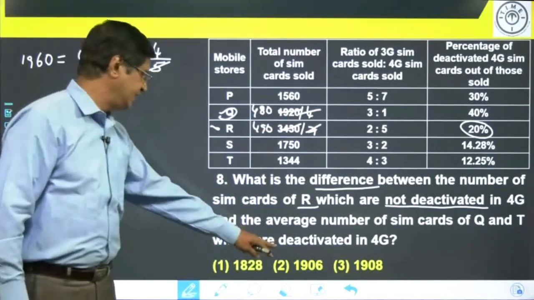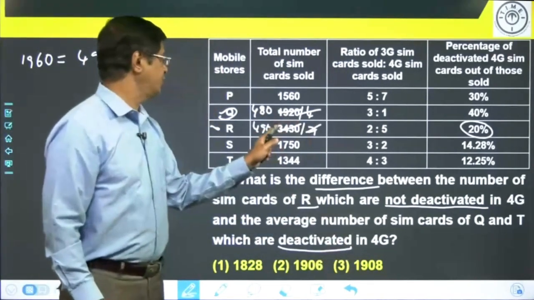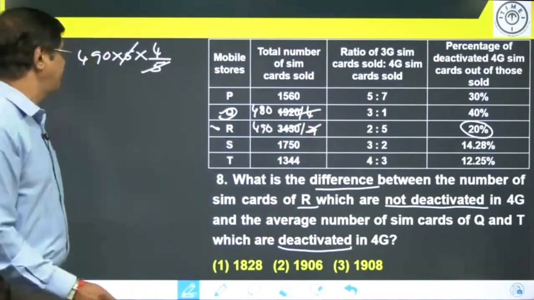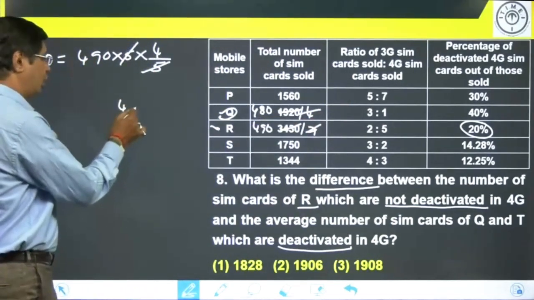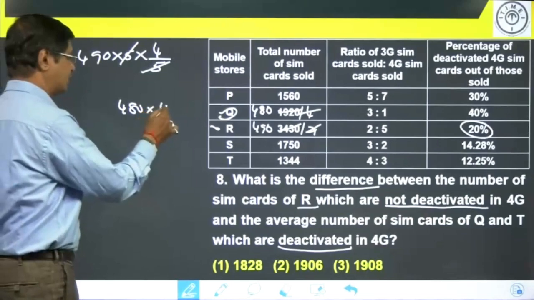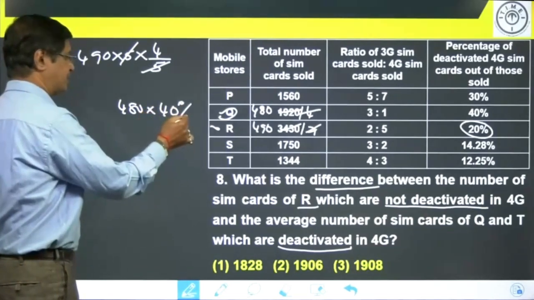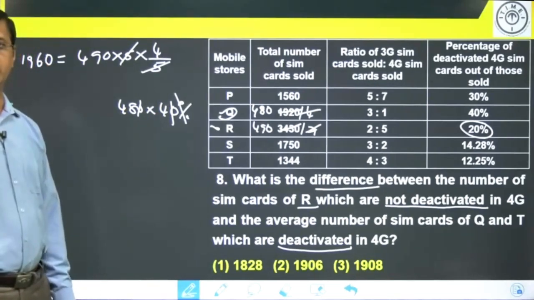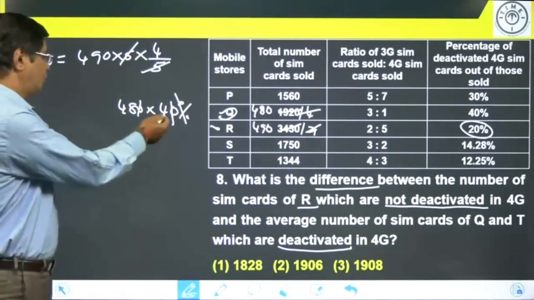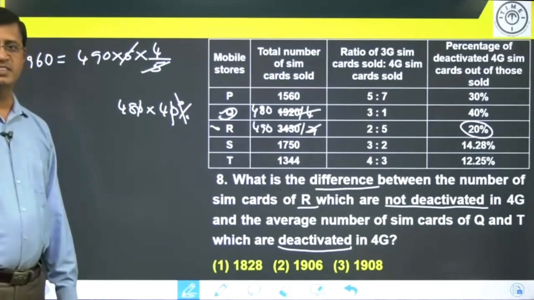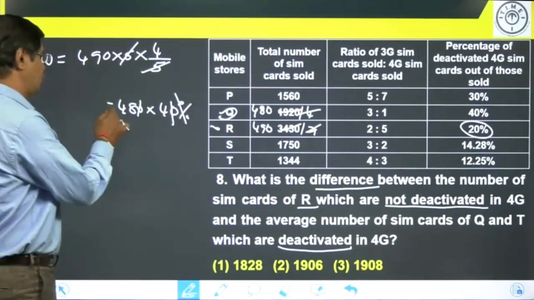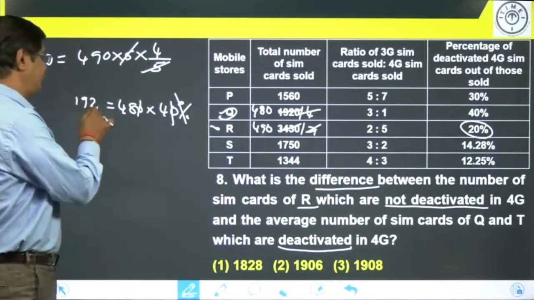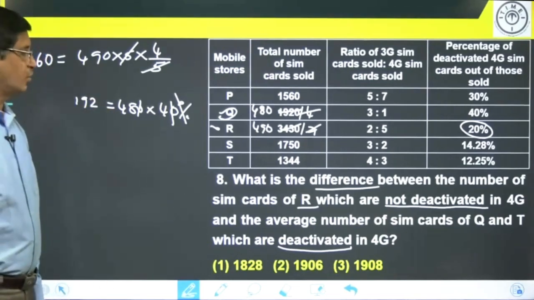Deactivated means 480 into 40%. What is 40% of 480? Cancelling the zeros, 4 times 40 is 160 plus 32, that is 192.